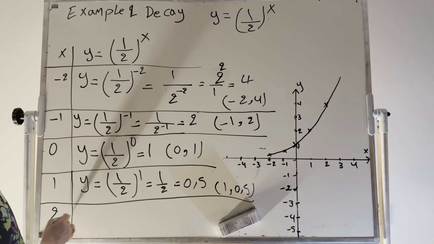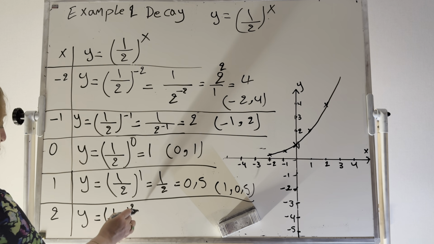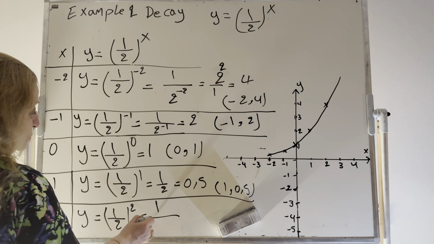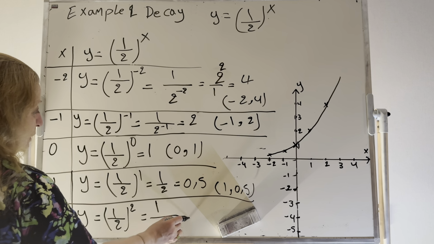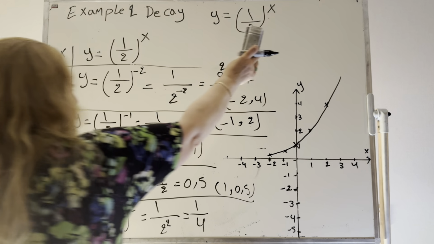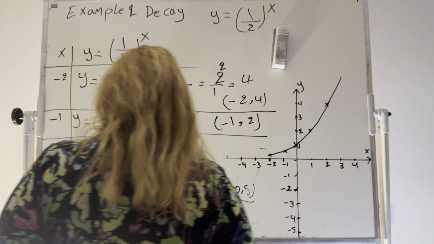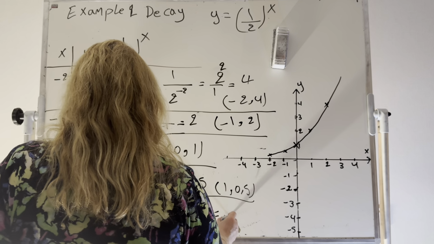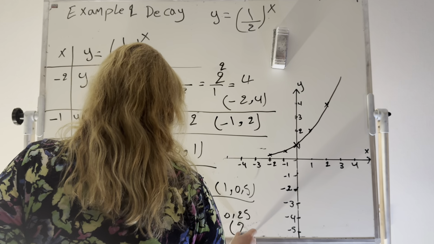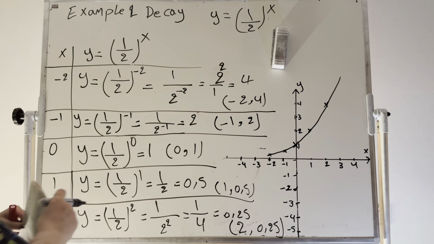When x equals 2, y equals 1/2 power 2. 1 power 2 equals 1, but 2 power 2 equals 4, and I will write it like 0.25. And now I will draw the curve.